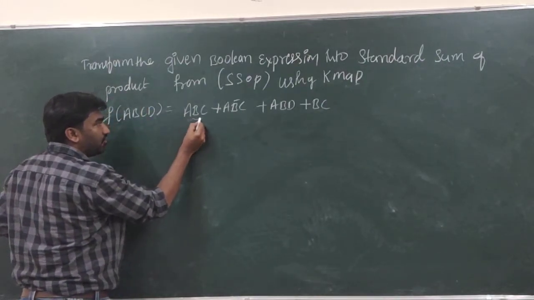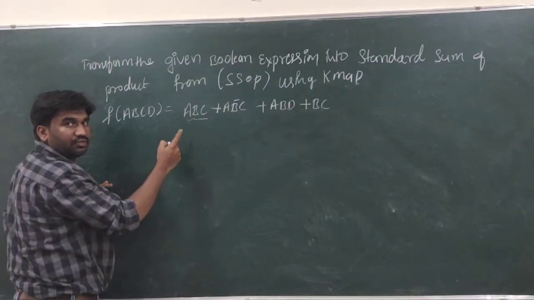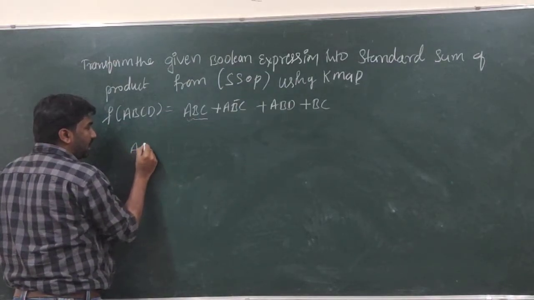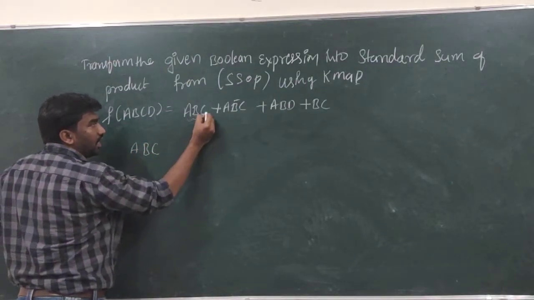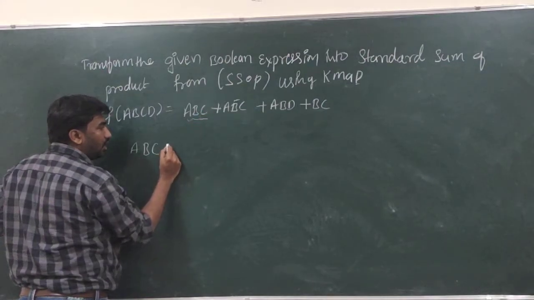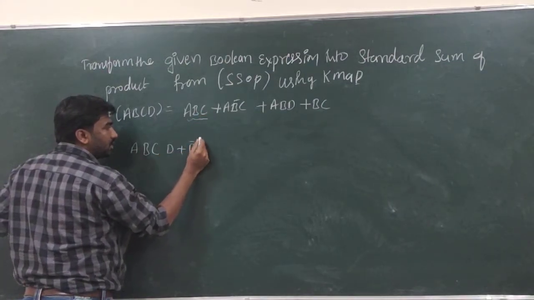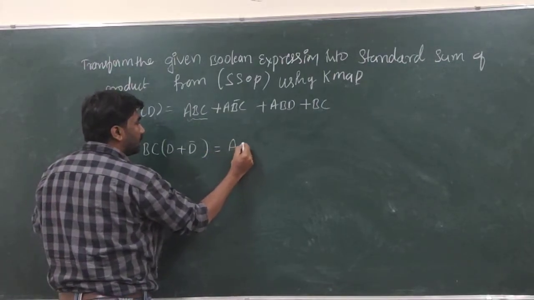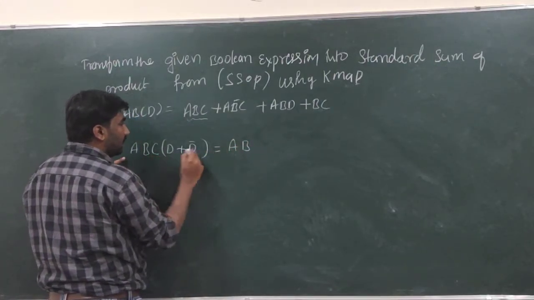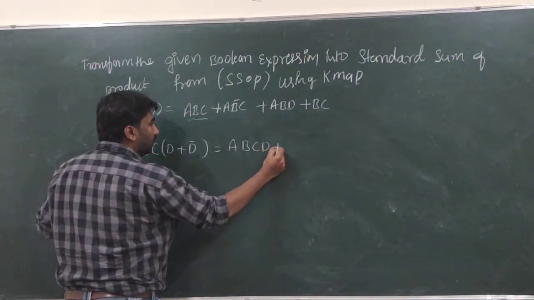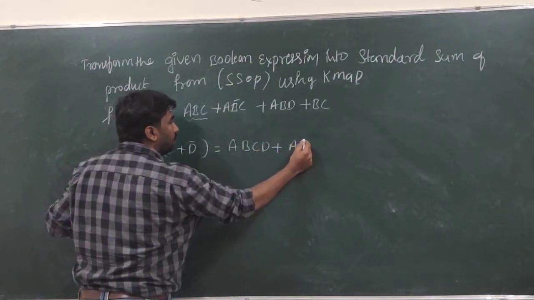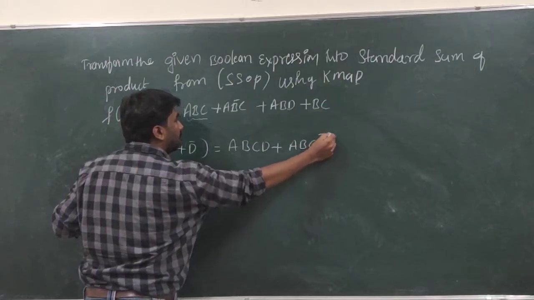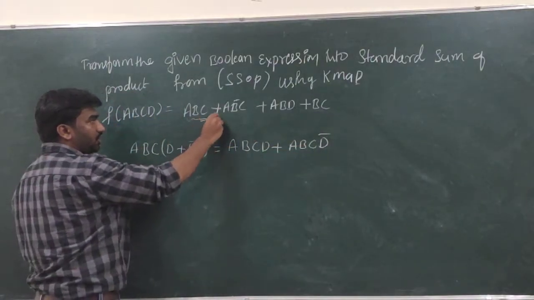First I am taking the first term. In this first term it is A, B, C, and here the missing term is D or D bar, which is equal to A, B, C, D plus A, B, C, D bar. This is finished.